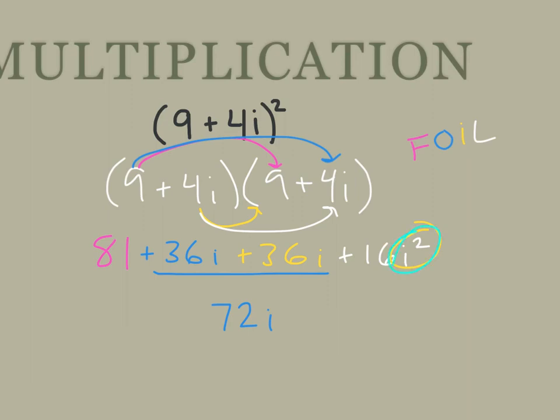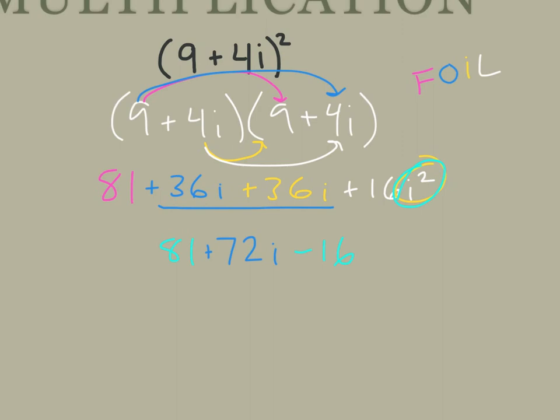We want to make this i squared a negative 1. So what's 16 times negative 1? Negative 16. And can we combine that with anything else? So what's 81 minus 16? 65? So 65 plus 72i. Is that in the right order that we want it? Yep. We got our real number first, then our imaginary number.